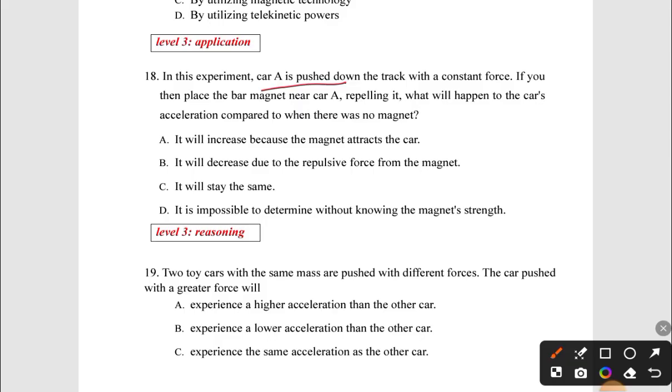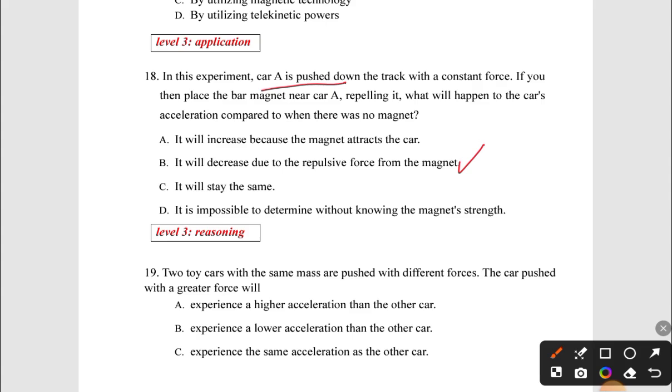B. It will decrease due to repulsive force by the magnet. C. It will stay the same. D. It is impossible to determine without knowing the magnet strength. The answer to question 18 is B. It will decrease due to the repulsive force of the magnet.